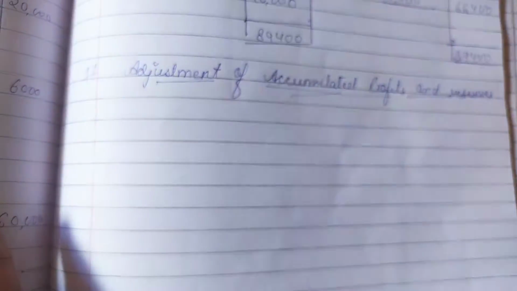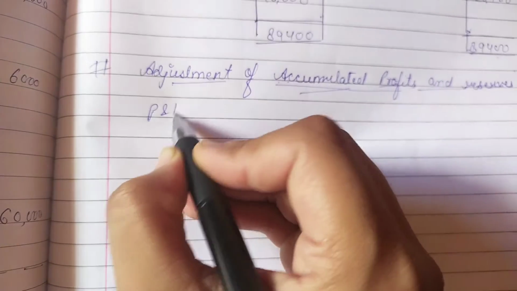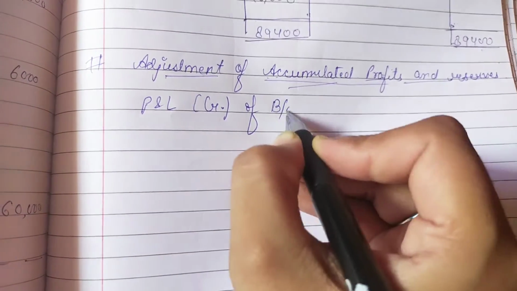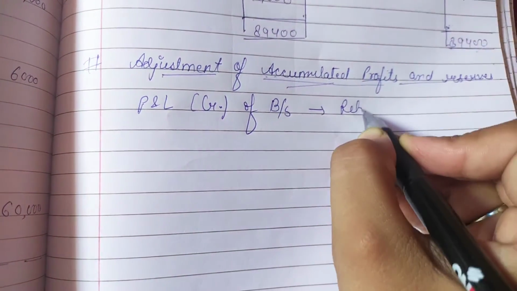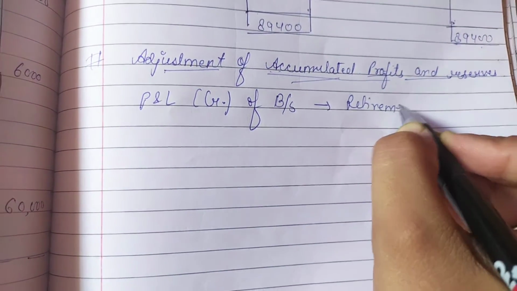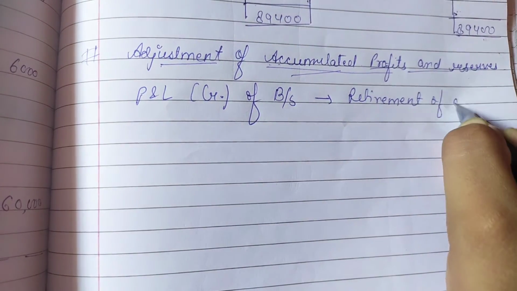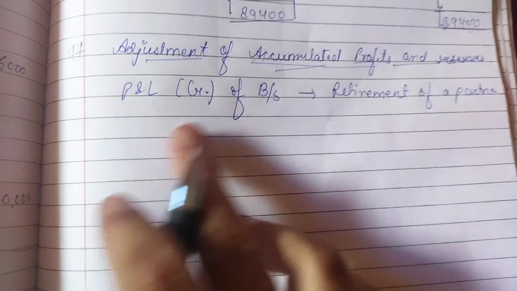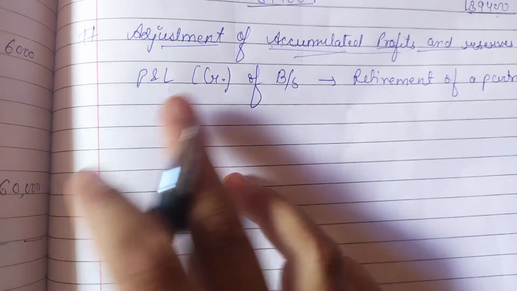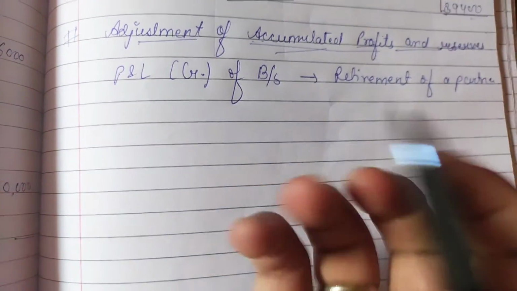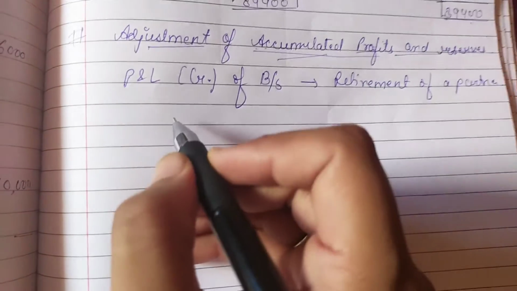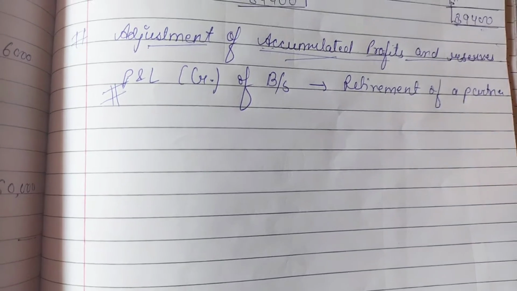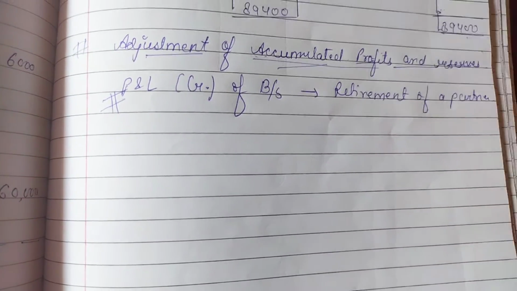So if we have the profit, that is P&L, shown in the credit side of our balance sheet at the time of retirement of a partner, we will do the entry in which P&L has been transferred to all the partners' capital account.